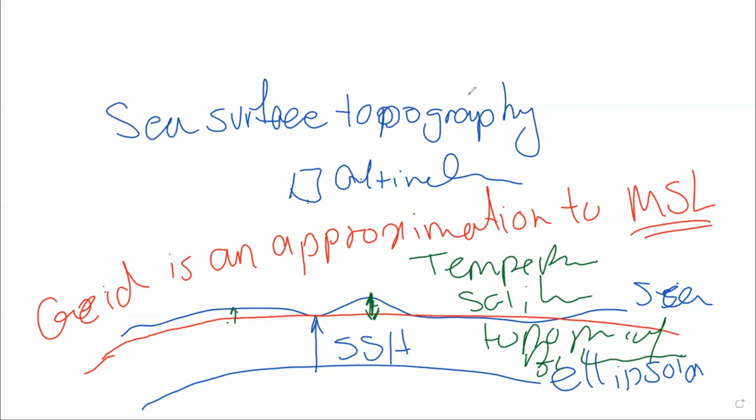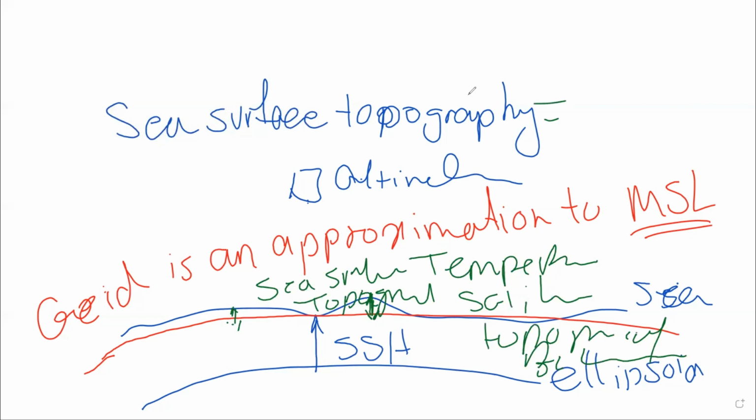So you see here, and this is called sea surface topography. So sea surface topography is the difference, or height difference, between sea surface and geoid.